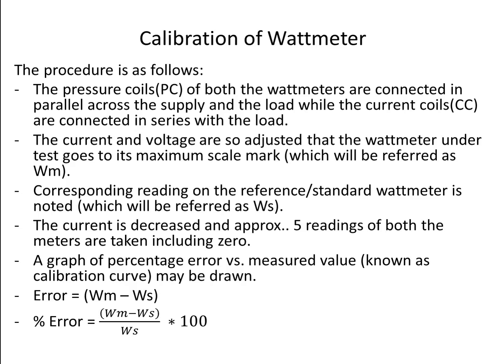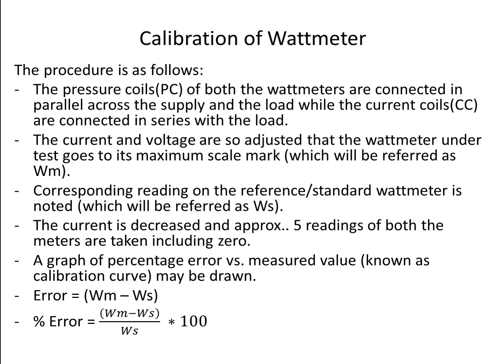Now you can decrease current or voltage or both, and in this way, by decreasing current or voltage or both, 5 readings minimum are taken of both the wattmeters. Here also we shall include 0 reading as well as maximum reading or full scale reading of the test wattmeter. So here also we have two sets of power readings.